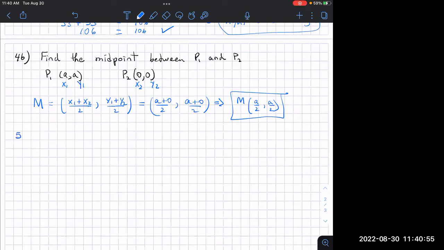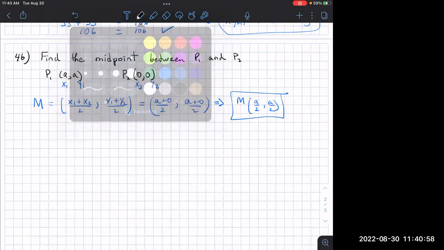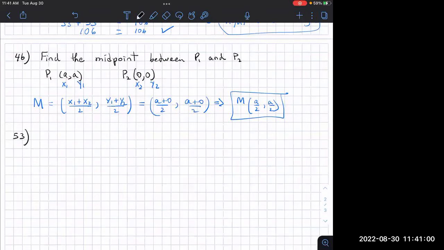53. Suppose that A, the coordinates for A are (2, 5), are the coordinates of a point in the XY plane. Let's just say A is a point in the XY plane.